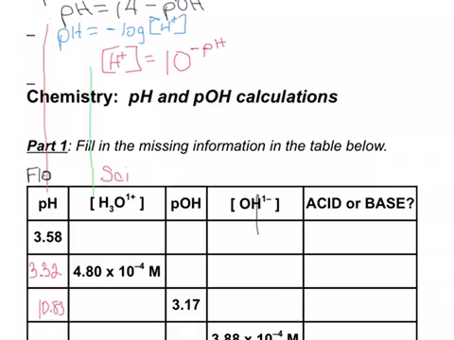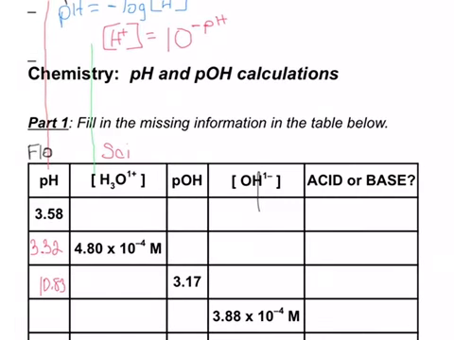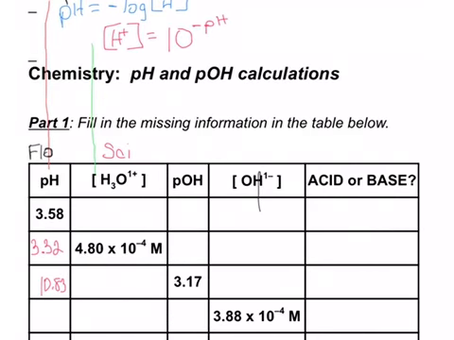So if your blank is, for example, let's take a look at number 1, the first row. Here we know that the pH is 3.58. We're going to calculate how that translates into how many hydrogen ions I have that makes my solution have that pH. So make sure your calculator is in scientific.